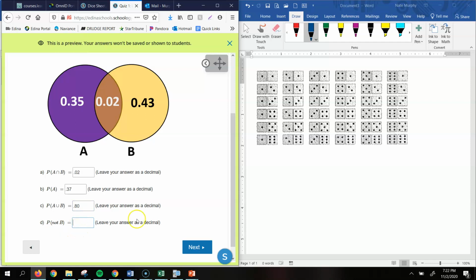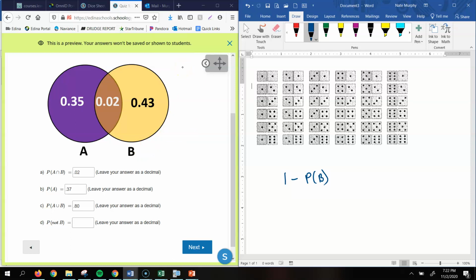Now the probability of not B. Remember, what that represents is 1 minus the probability of B. Because remember, 80% of the data is represented here, so that means there's 20%. If this was a dog and cat example, that means 20% of you didn't have either a dog or a cat. That's outside of this Venn diagram.